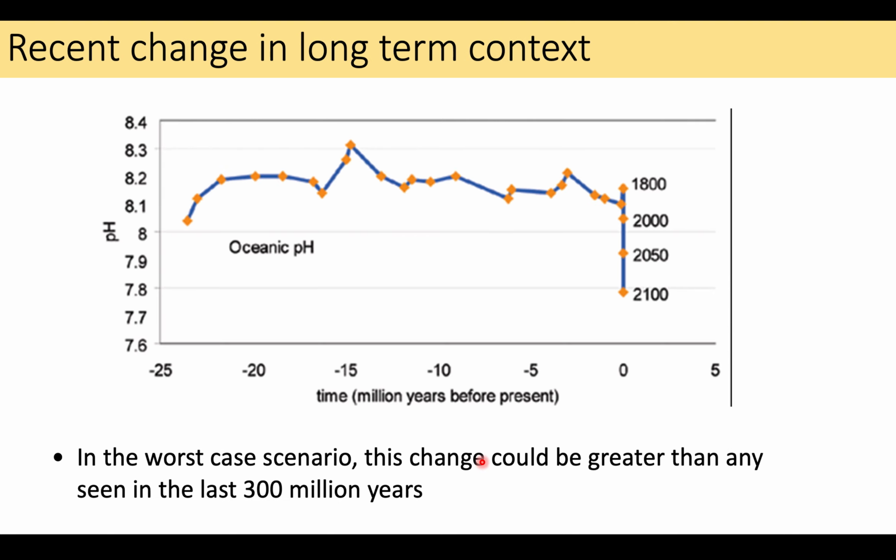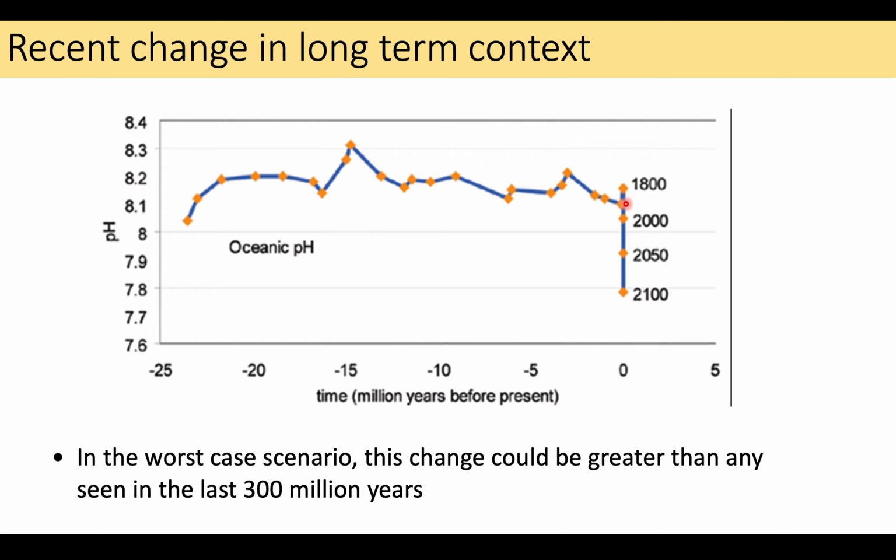So if we look at the change in ocean pH, remember the pH of the ocean is a bit basic. It is around 8.1. We have seen some changes in the past. This time scale is millions of years, so 0 is today, and then going back in time to the left. We've seen a lot of changes in ocean pH in the past.